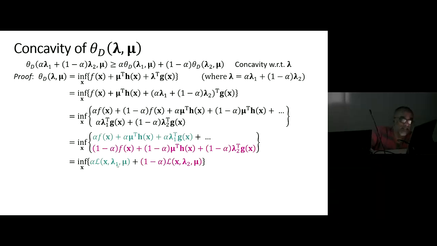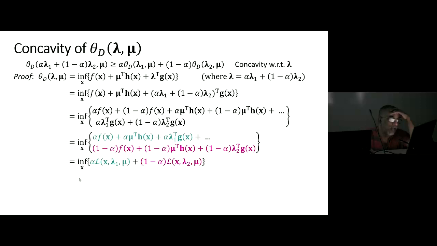So this is basically the Lagrangian L of x, lambda 1, mu, correct? And these terms containing 1 minus alpha, likewise, give 1 minus alpha times L of x, lambda 2, mu, because we have lambda 2 here. Okay, so this is what we land up with.